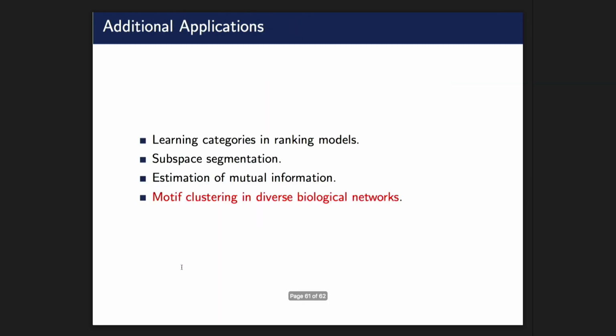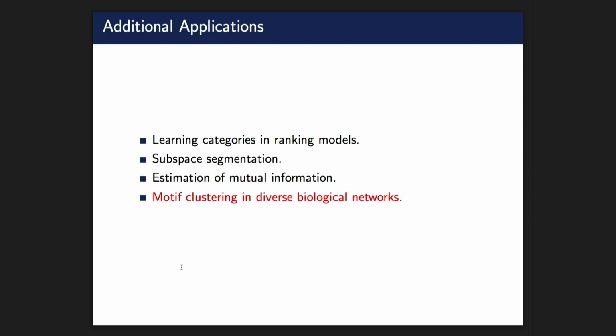So I'll conclude by saying all these graph or hypergraph clustering methods have found so many applications, and if you haven't seen them before, I really strongly urge you to look at whatever is out there in the hypergraph clustering community, because it can be used to learn categories in ranking models. If you work with gene prioritization and other problems, you will run into a lot of questions related to hypergraph clustering.